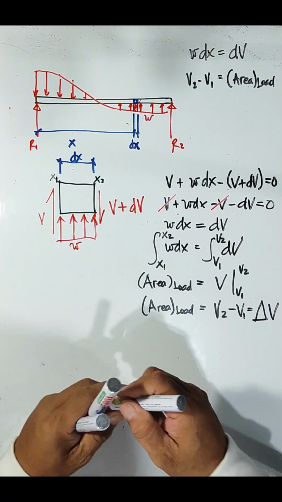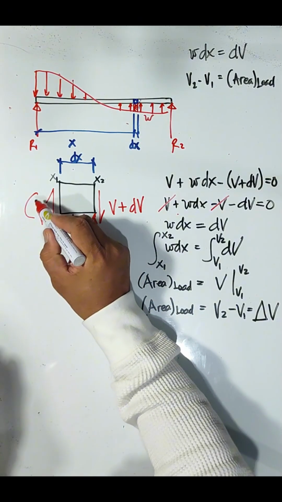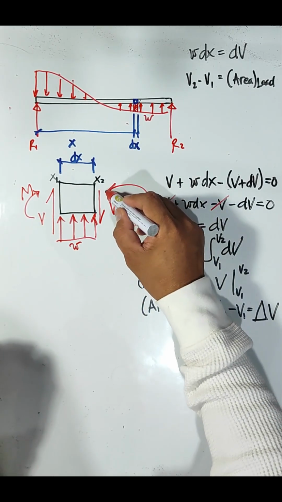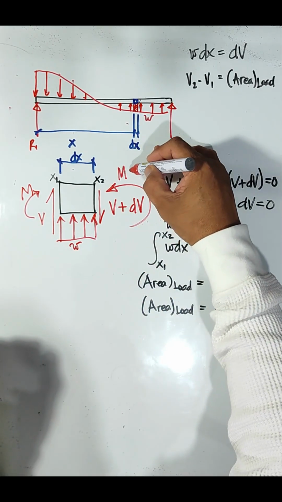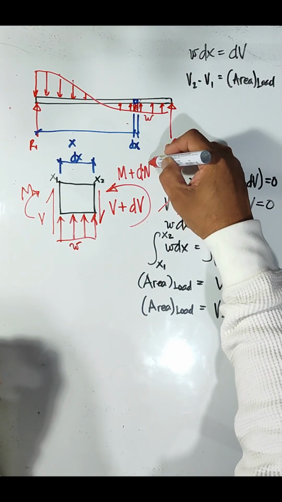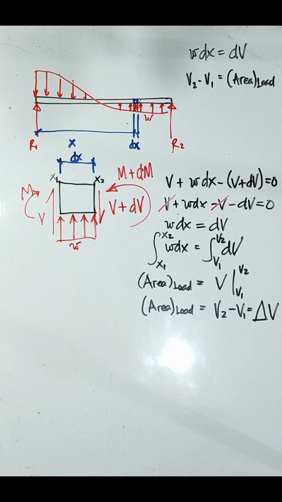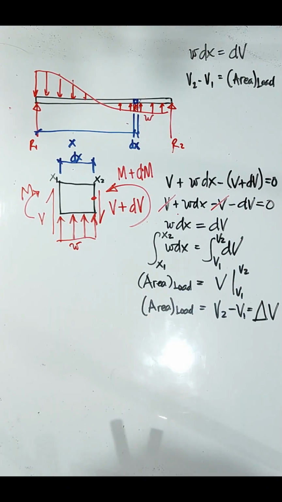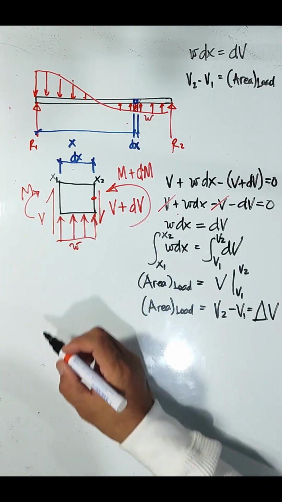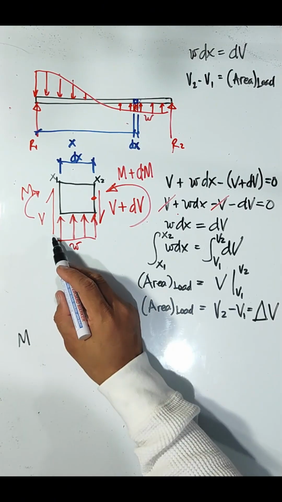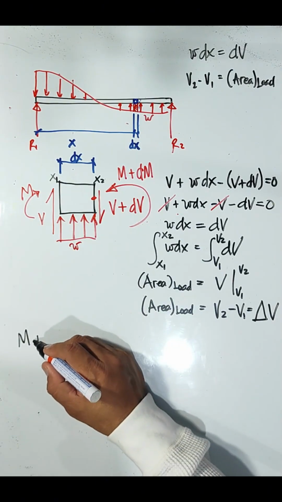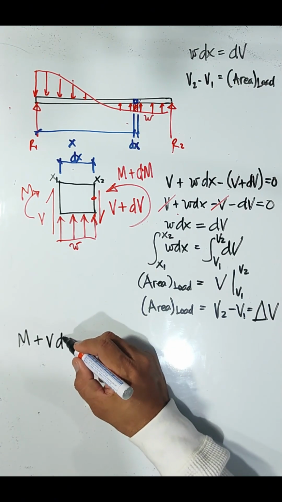Then here there's also a moment. Let's call that M. And here the moment will be M plus dM. If we sum up moment here, that will be this one, M, plus the moment created by V, which is plus V times dx.